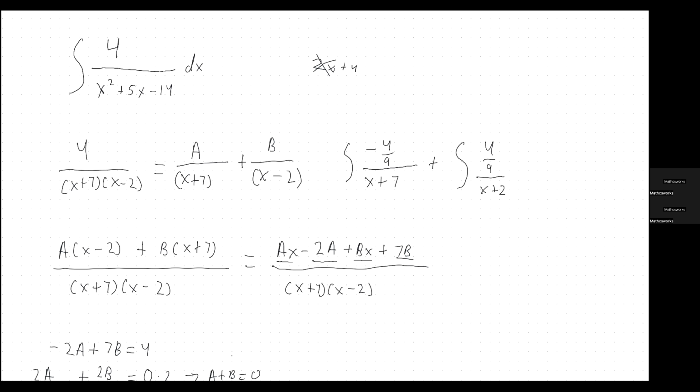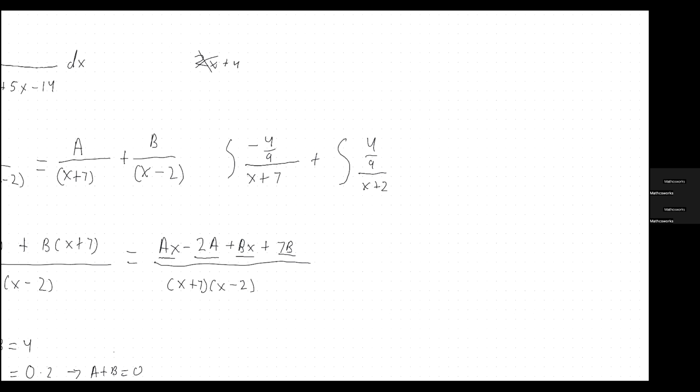Right. So what that actually means, let's set this apart real quick. From here, all we have to do is take out the negative 4 over 9 and 4 over 9 on each side and just take the integral of 1 over x plus 7 and 1 over x minus 2, which is just ln of x minus 2 and ln of x plus 7.